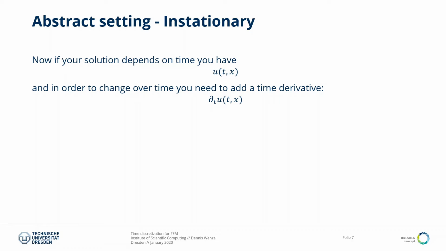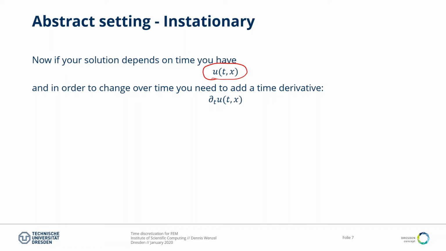That's the topic for today. So if your solution depends on time, you don't just have u of x, but instead you have u of t and x. So you have a solution at a certain time and somewhere in your domain. So you always, if you look at those time-dependent problems, you always ask about what's happening at a certain point at some precise time.